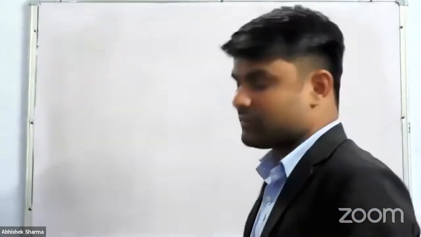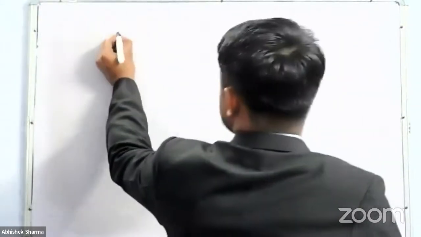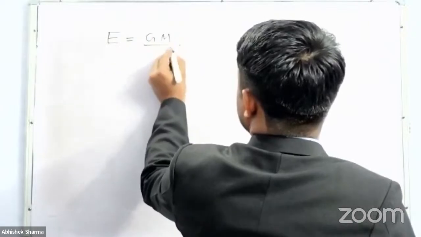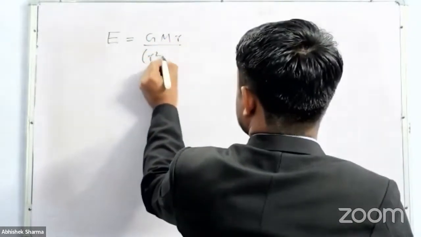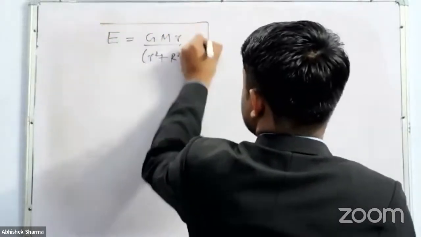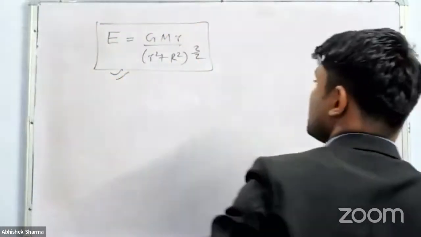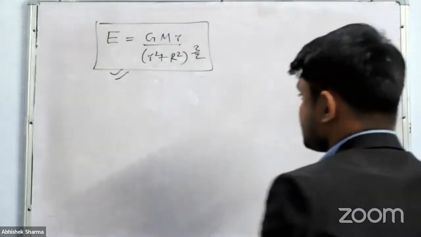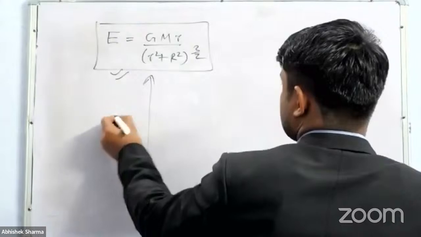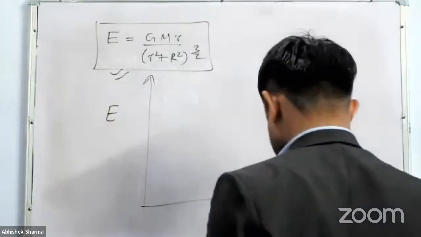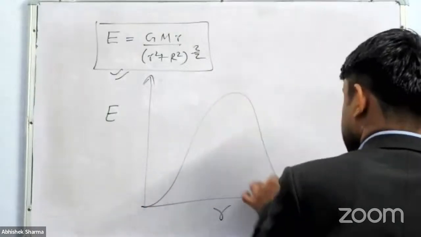Now we'll see a graph of this. For a ring, we know it's G M r upon (r square plus R square) to the power 3 by 2. This is the gravitational field strength. You all know this. Now if we generate the graph, it's very easy. For a ring, gravitational field strength versus distance r from the center along the axis gives you a curve something like this.